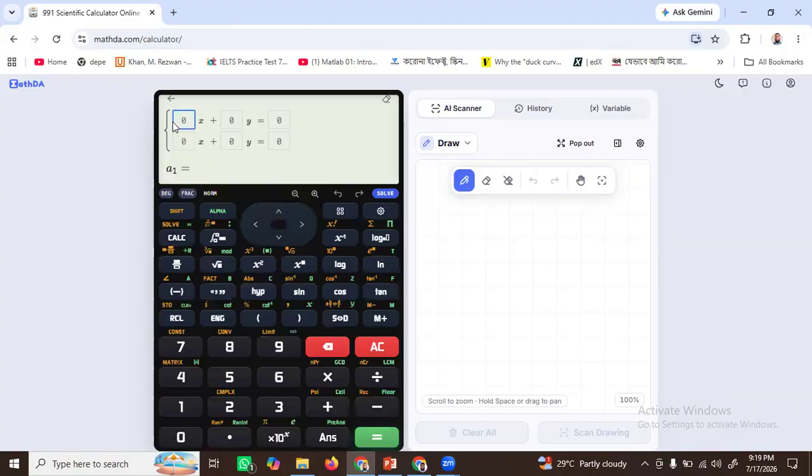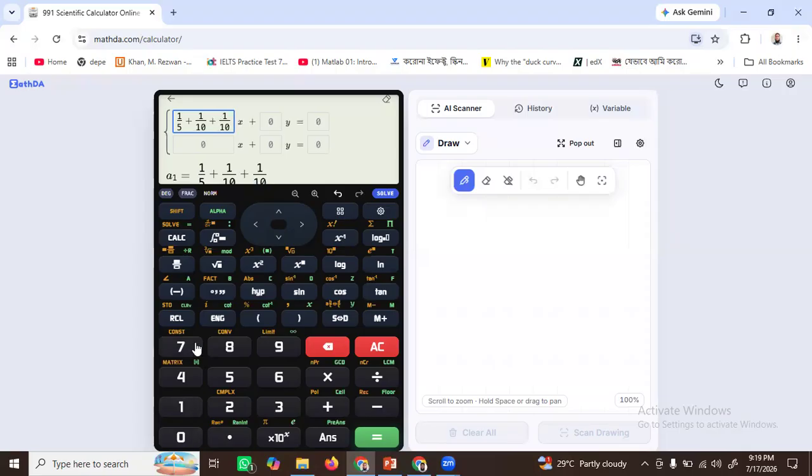For equation 1 that we have got, that is 1 over 5, then plus 1 over 10, plus 1 over 10.